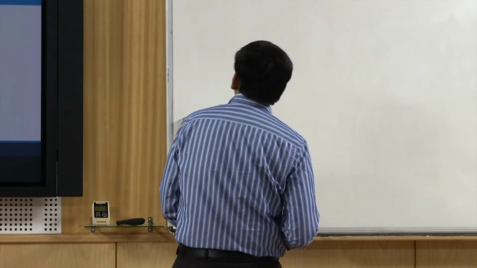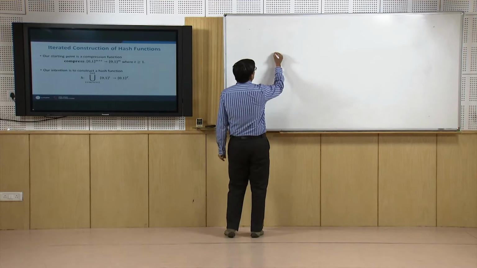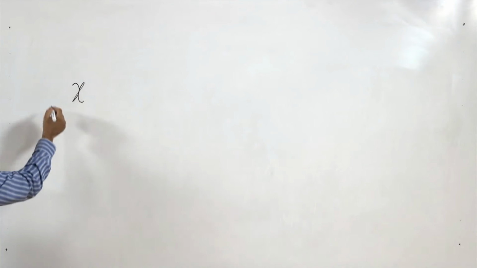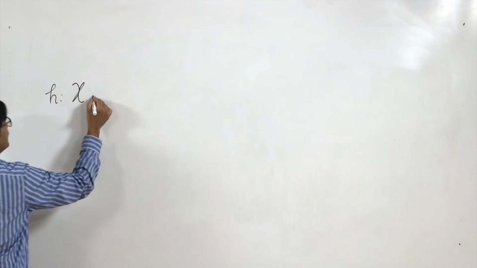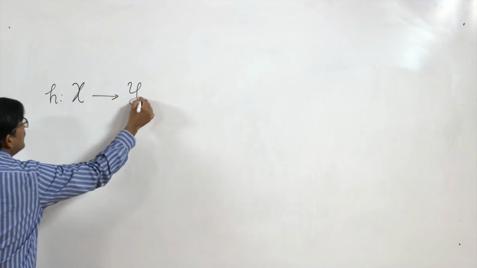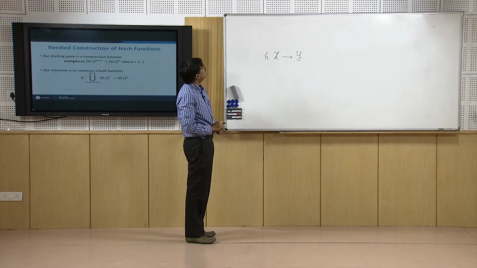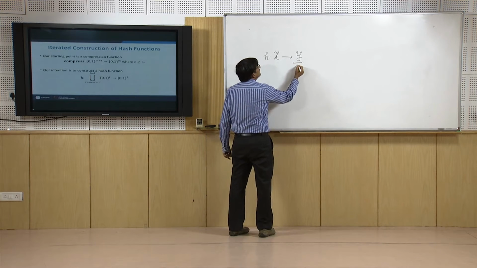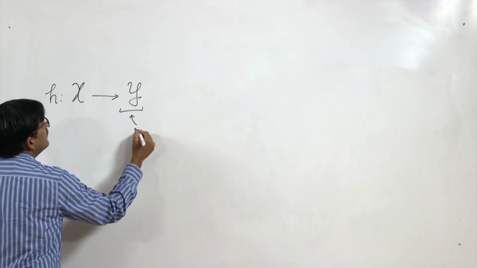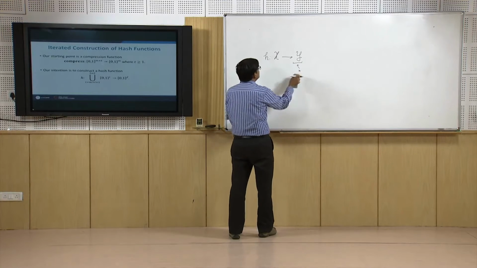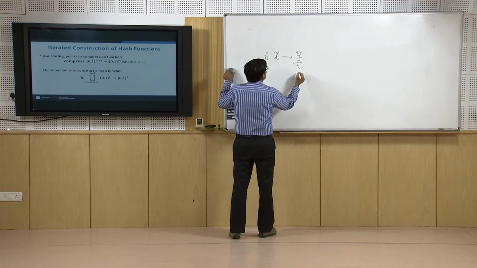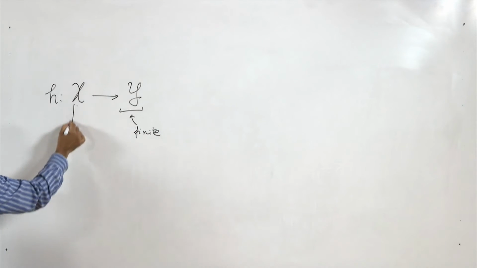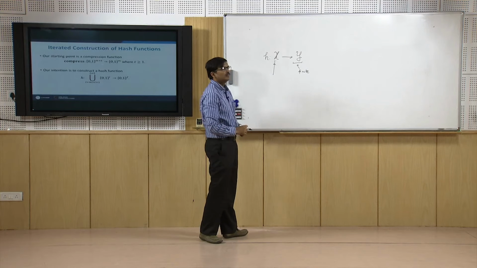Now, the main problem over here is that we have a set X on which we would like to define a function which will take values to another set Y. This set Y is relatively small, or just write finite, but this set X is potentially infinite.